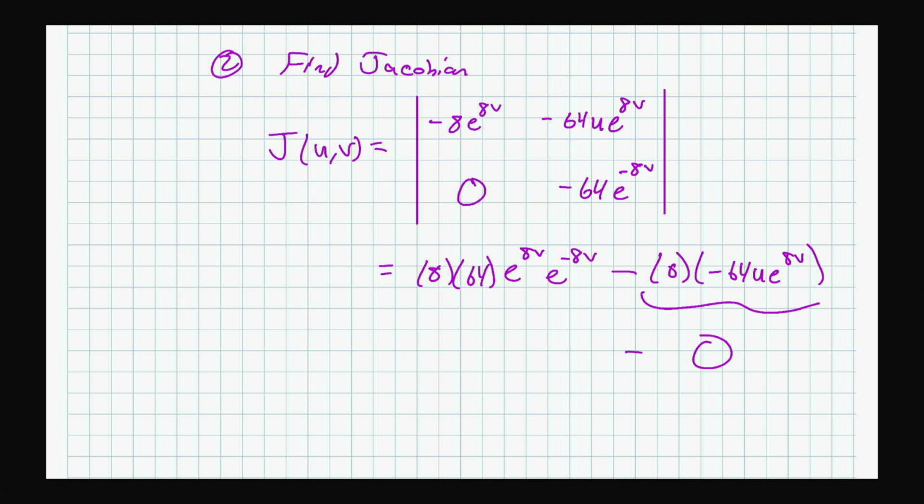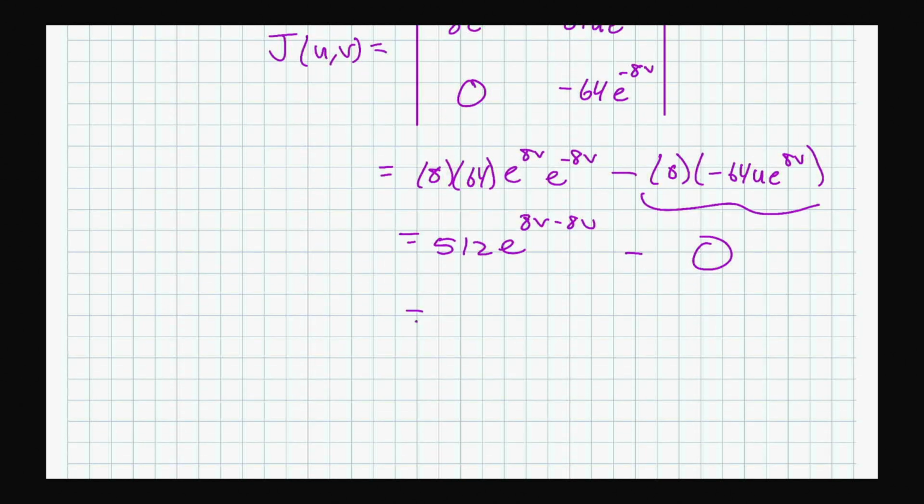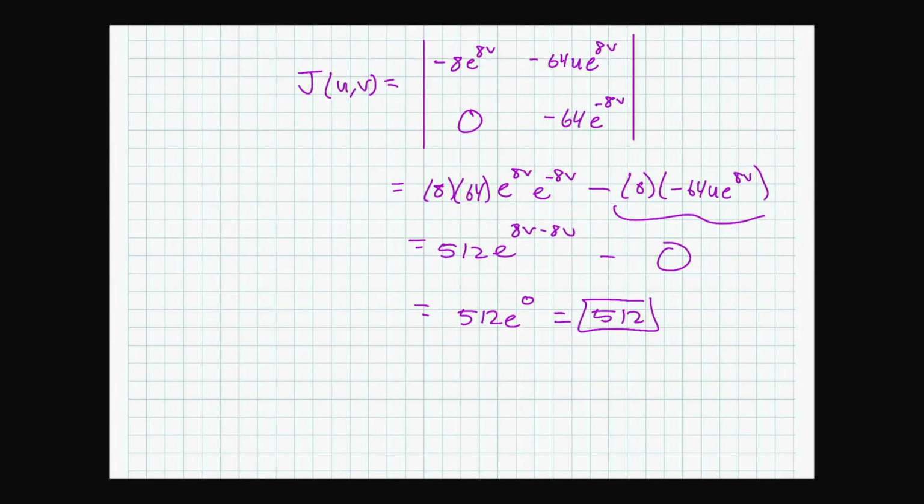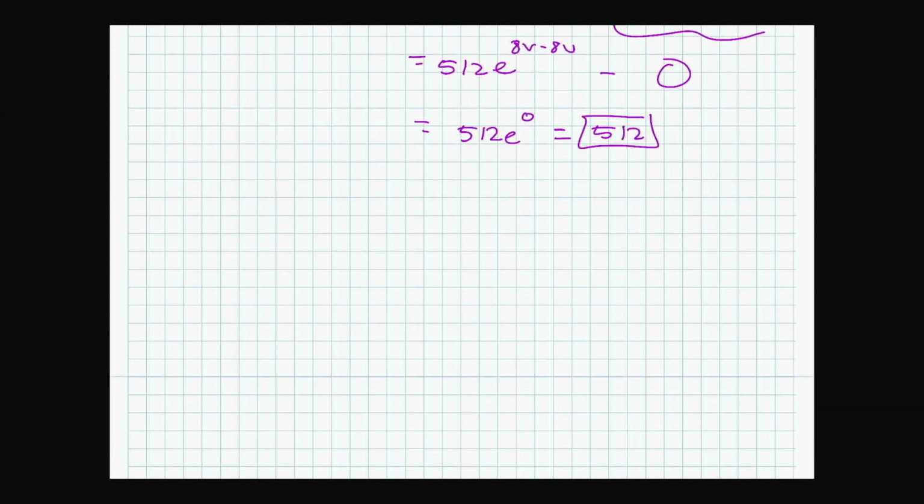This one here, 8 times 64, that's 512. When you multiply these, you add the exponents, so it's actually 8v minus 8v, which is 0. So you end up with 512 e to the 0, which is just 512. And that's your Jacobian. Okay, so that is how you calculate Jacobians.